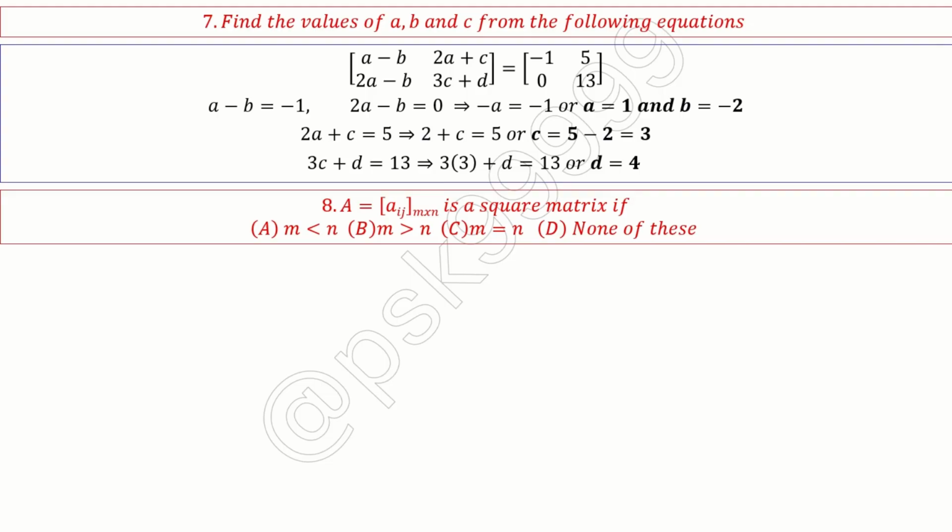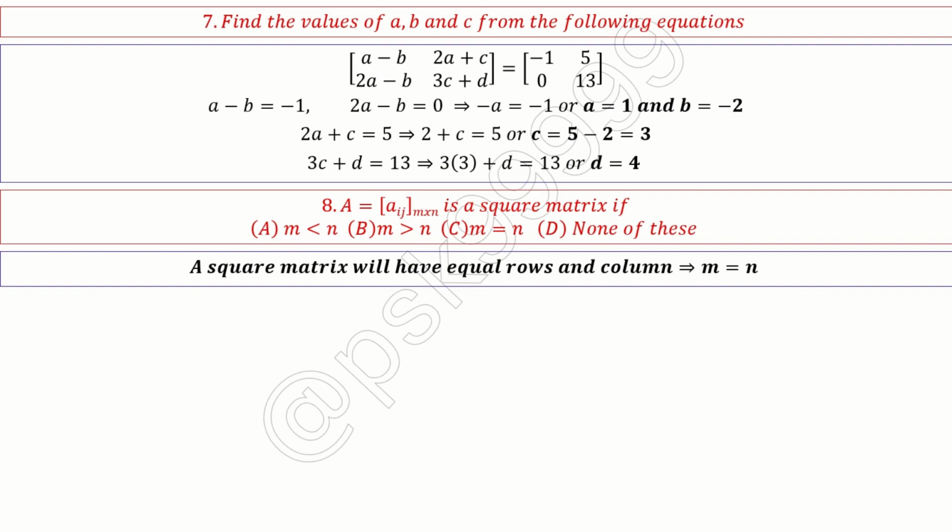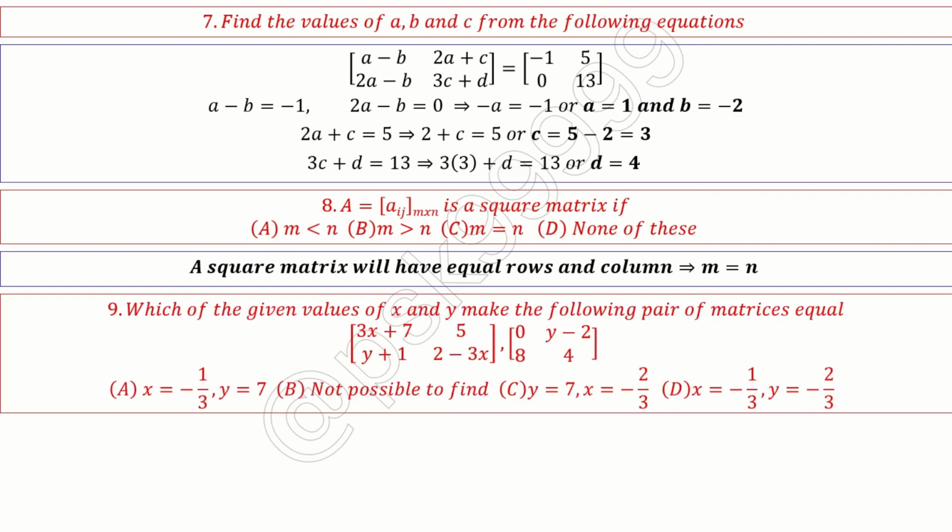A equal to aij, m cross n, is a square matrix only if m equal to n, we know it, right? So that's the answer. Which of the given values of x and y make the following pair of matrices equal? Options are given. It's a simple problem. 3x plus 7 equal to 0, so x equal to minus 7 by 3.